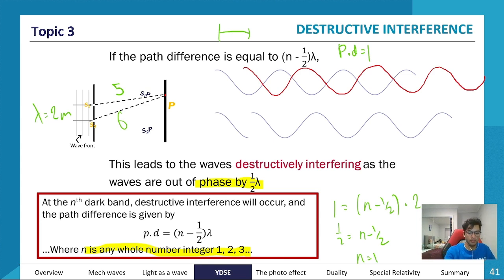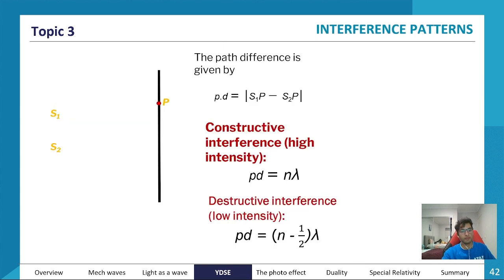And the same thing is going to happen if we have 3 on 2 wavelength or 5 on 2 wavelength. It's the same thing. So this basically sums up everything about path differences. Path difference, again, is the distance between S1 and S2, depending on how much longer one of the waves had to travel.